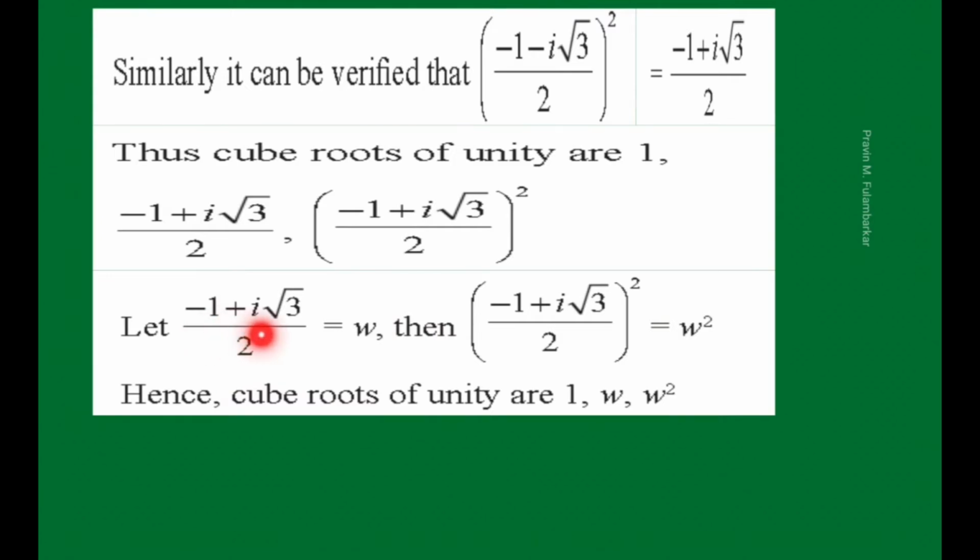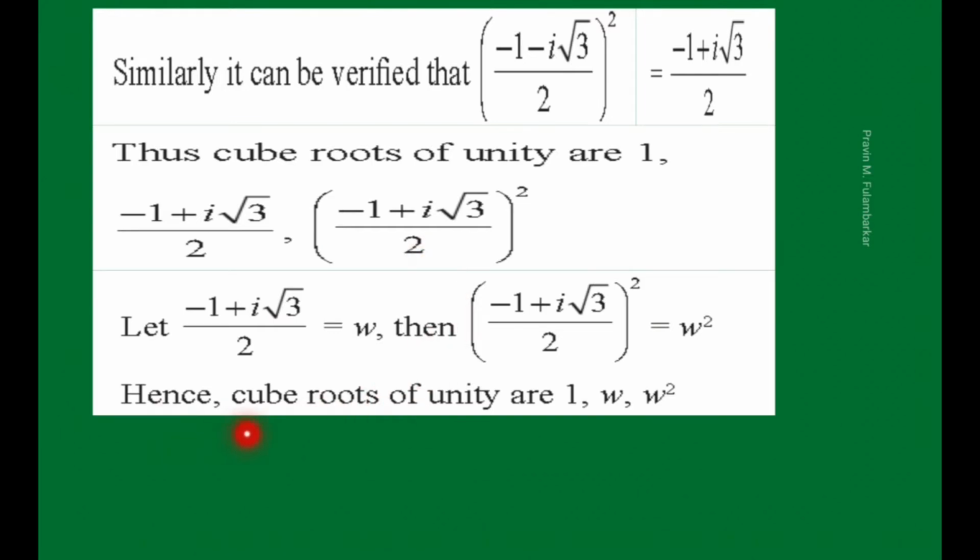Let (-1 + i√3)/2 equal omega. So if we represent this by omega, when we take its square, we get omega square. That means we can write the cube roots of unity as first is 1, second as omega, and third as omega square.